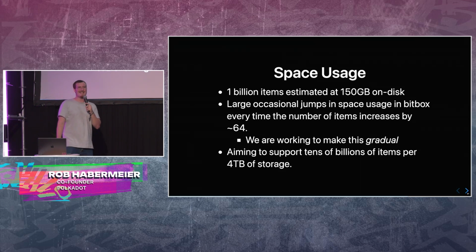We're working to make this as gradual as possible so that your disk fills up slowly and not all at once just from doubling the size. That's something that we're going to aim for in V1 or shortly thereafter. And we're aiming to support tens of billions of items per every 4 terabytes of storage. So one 4 terabyte SSD should be enough to accommodate at least a few hundred million users.